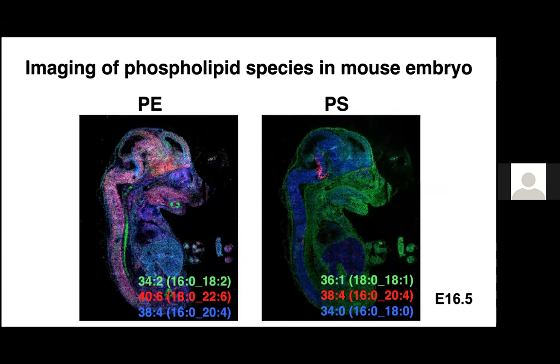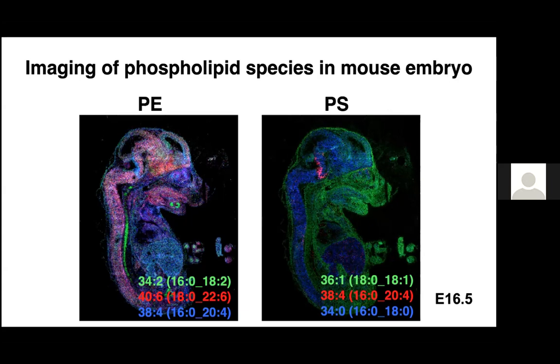For example, this slide shows the expression of specific glycerophospholipids in mouse tissues. From these analyses, we knew the molecular species of glycerophospholipids are expressed very differently in the mouse embryo.